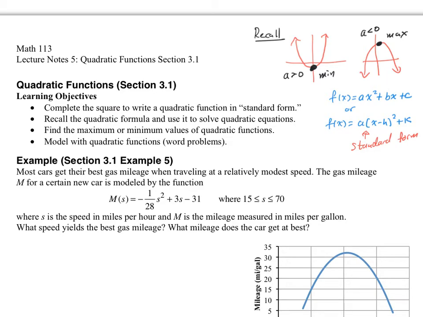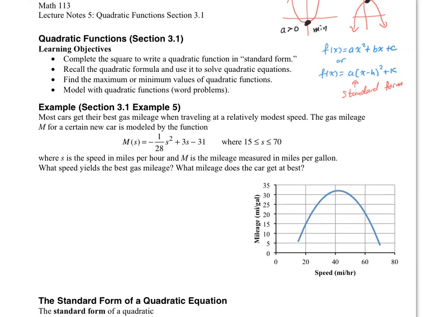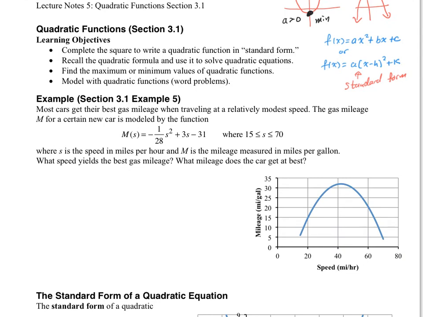All right, so let's start with a modeling example. So here, this problem has to do with gas mileage. The gas mileage for a specific car is given by this. Notice here the value for a is negative 1 over 128, which is negative.